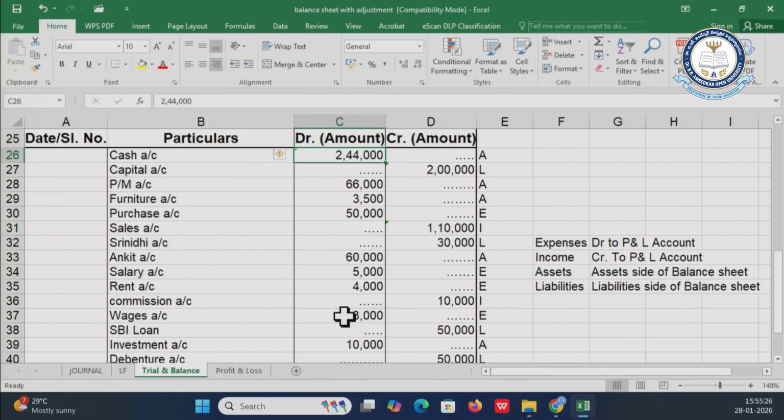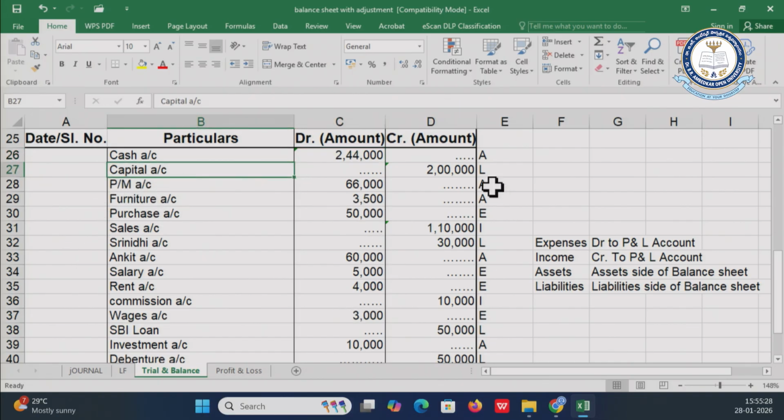Whenever you are buying goods, cash goes out. Once again, whenever you are selling something, cash comes in, and whenever you are purchasing some asset, cash goes out. So due to that, your cash balance is 2,44,000, unlike 2,03,000 in your previous caselet.